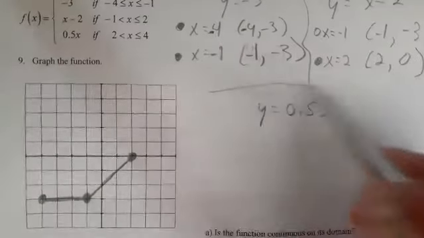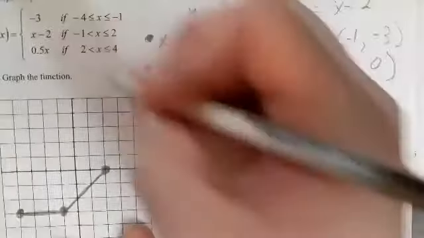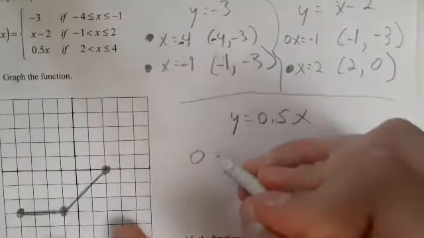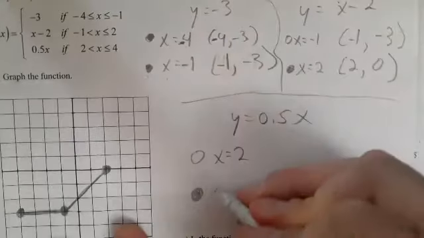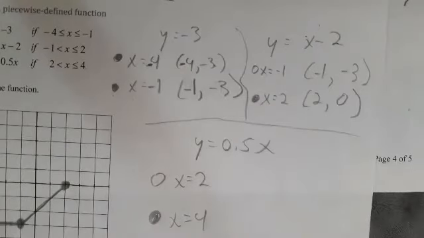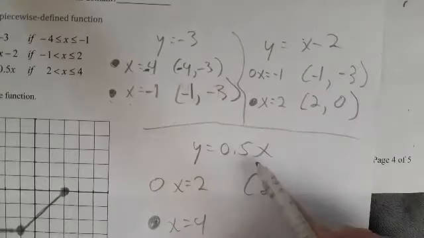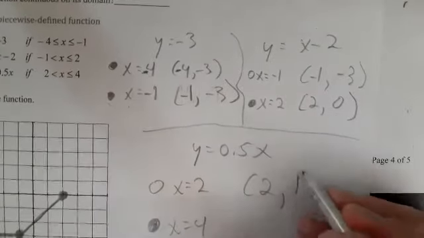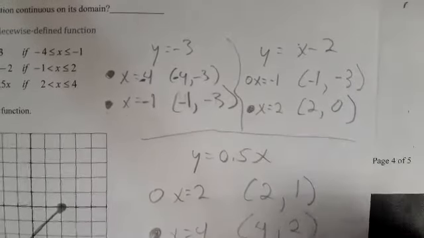And now the last part, the third part. So I'm doing an open circle at x equals 2 and at x equals 4. So if x is 2, that's going to give me 1. If x is 4, that's going to give me 2.